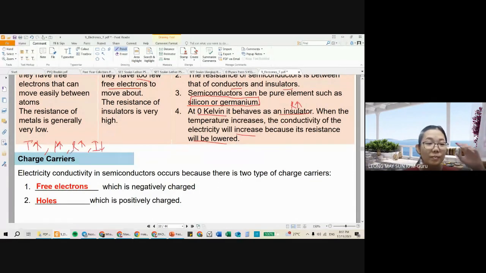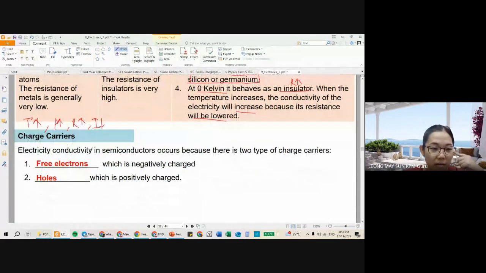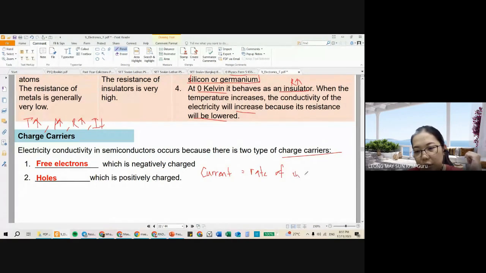Okay, charge carriers. Electrical conductivity in a semiconductor occurs because there are two types of charge carrier. If we recall the definition of current, the definition of current is rate of charge flowing in the conductor.